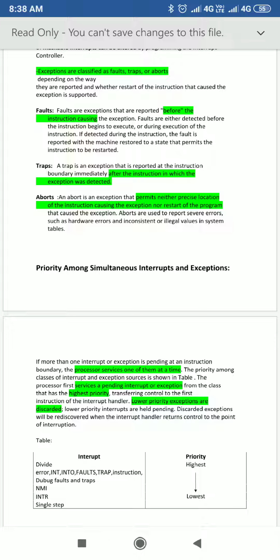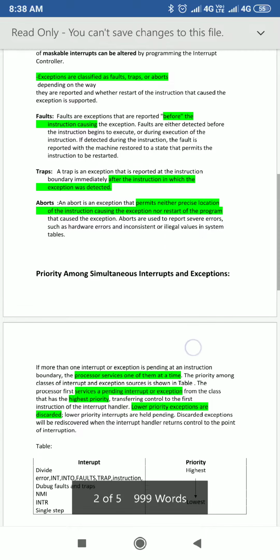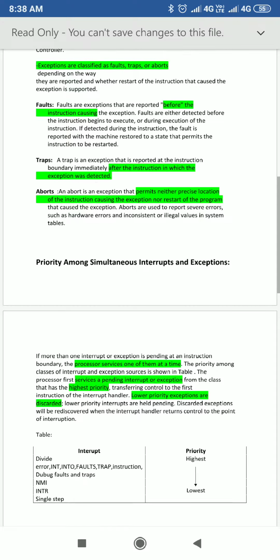Now traps are user defined interrupts. For example, INT 2, INT 3 and INT 4. These are the interrupt numbers for traps. The instruction that caused the trap cannot be restarted, whereas in a fault we can restart the instruction, but in a trap we cannot restart the instruction.